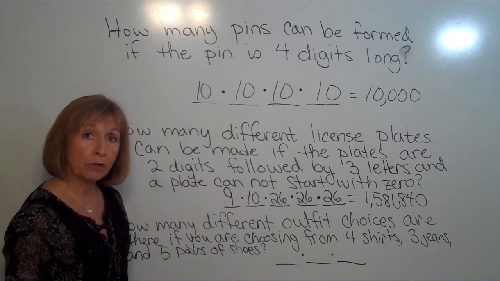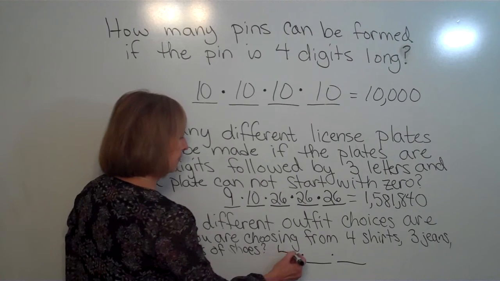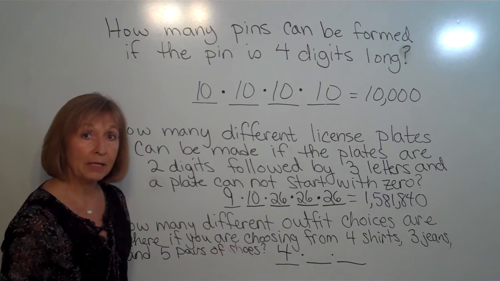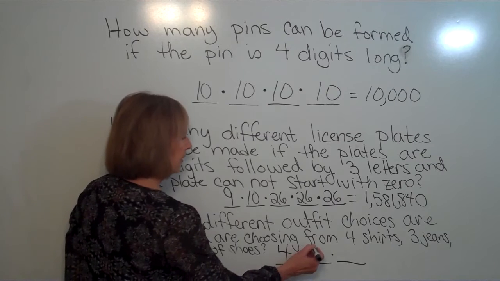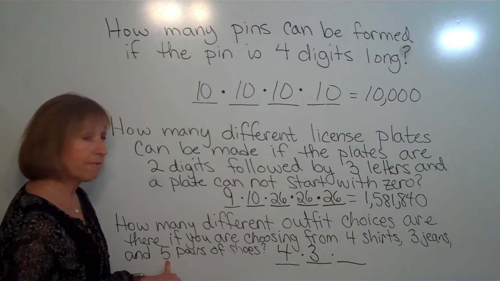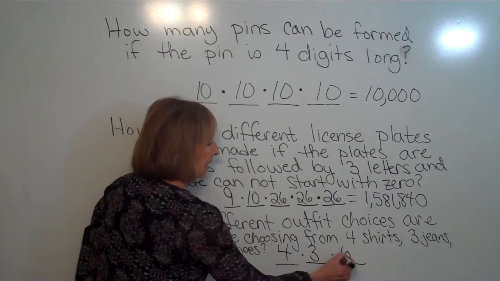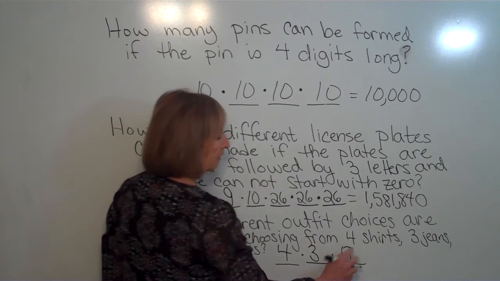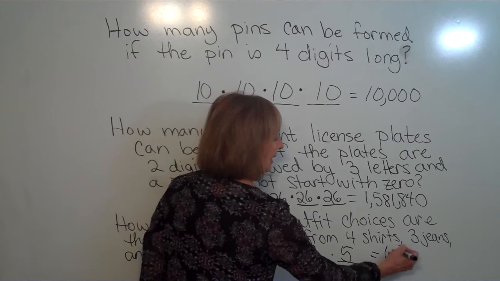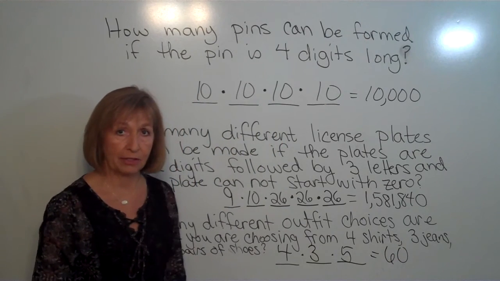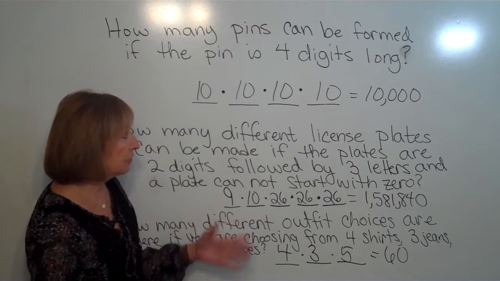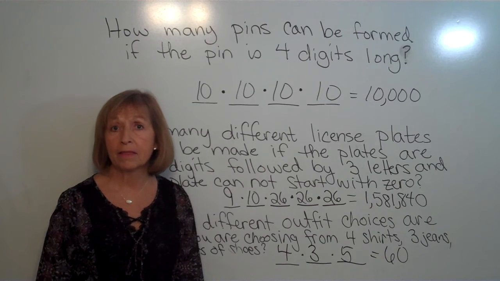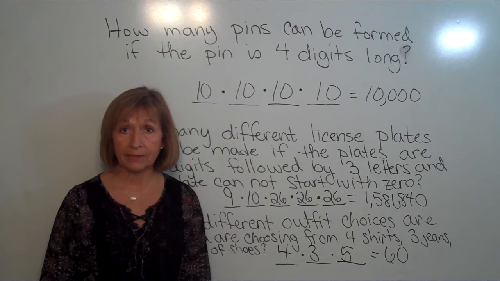You have 4 shirts to choose from, so that's 4 times 3 pairs of jeans to pick from, and then times 5 pairs of shoes. And then when you multiply, 4 times 3 is 12, times 5 gives me 60 different outfit choices. So this gives you several different examples of the multiplication rule of counting.